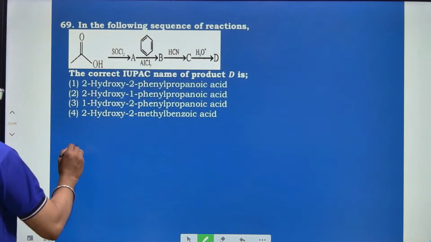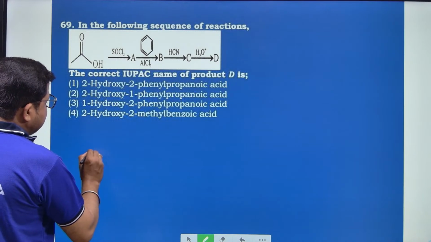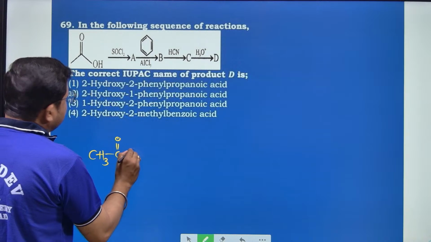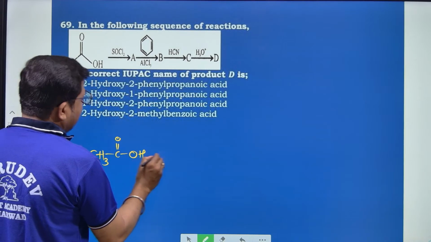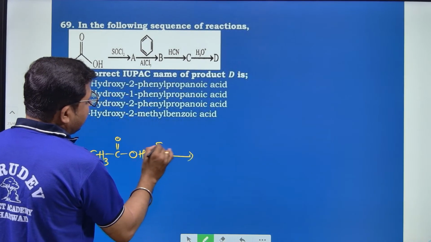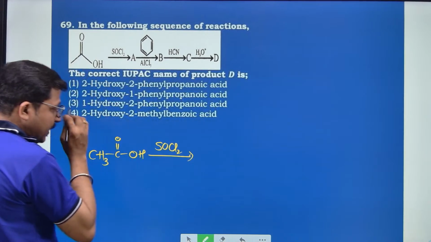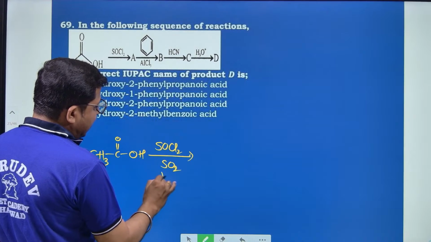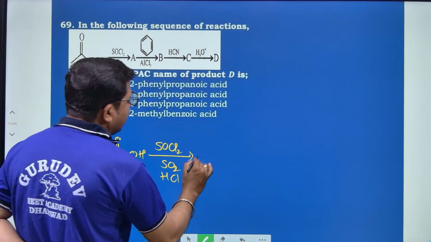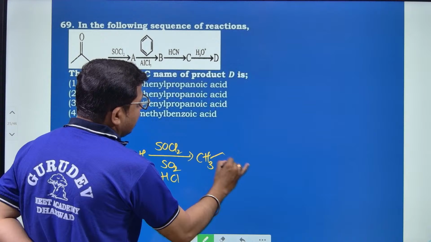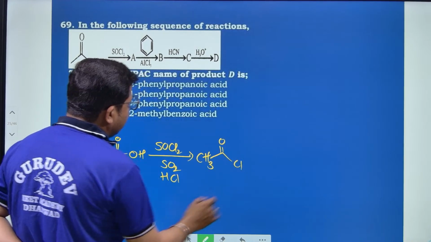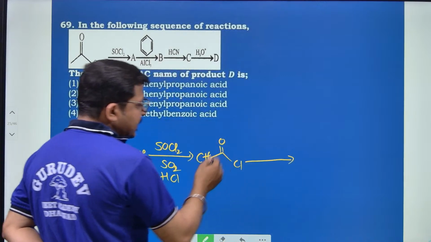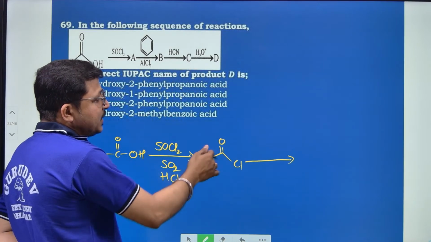Here they have given a carboxylic acid, CH3C(=O)OH. By reacting with SOCl2, it will give the elimination of SO2 and HCl. It will give the acid chloride, that is acetyl chloride, which is the acetylation product.